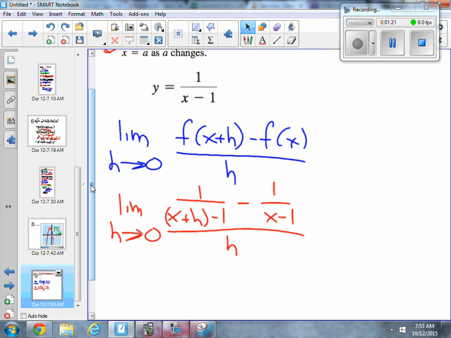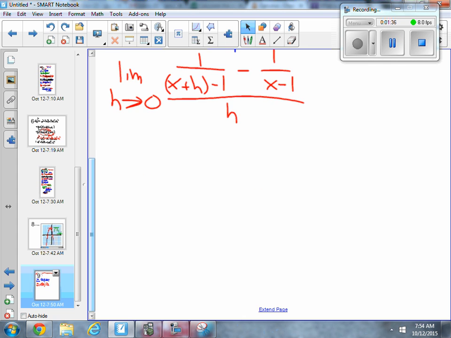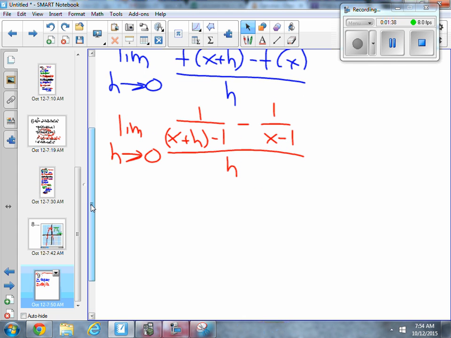Now pause for a minute and make sure you understand how I got my f of x plus h and my f of x. It's going to be a little bit confusing when we get denominators in there. So as I go forward here, I have a 3-level fraction, and I'm going to simplify my numerator first.